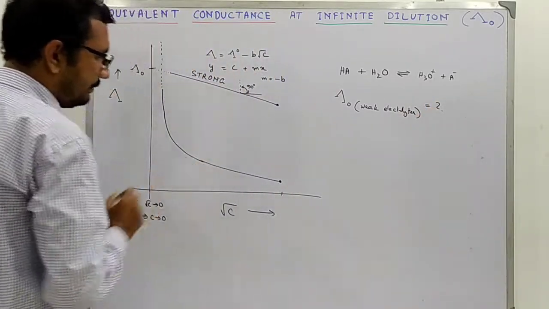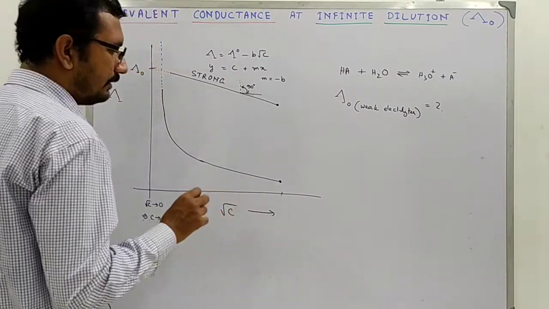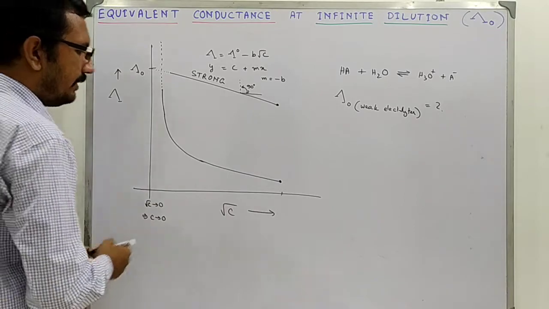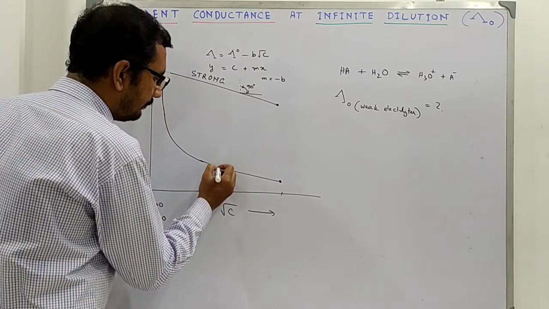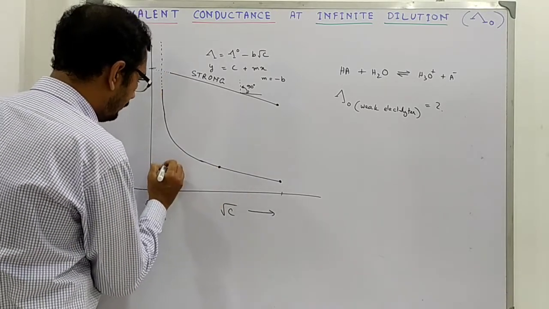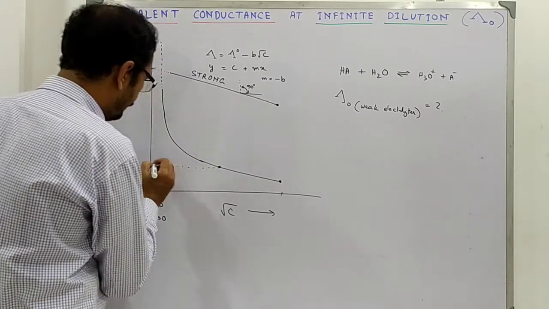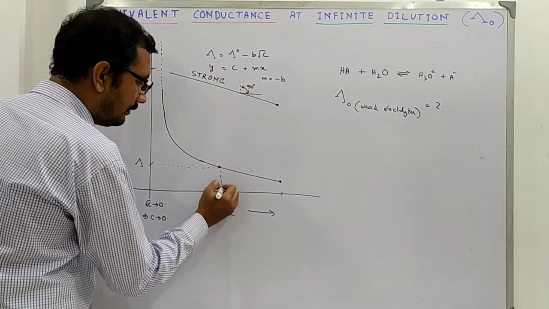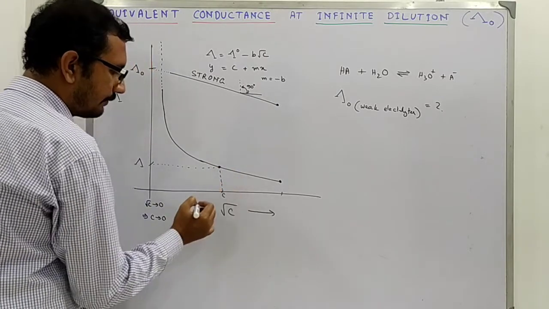Now, at present we can get important information from this graph. Say we collect the data of lambda at this particular concentration.